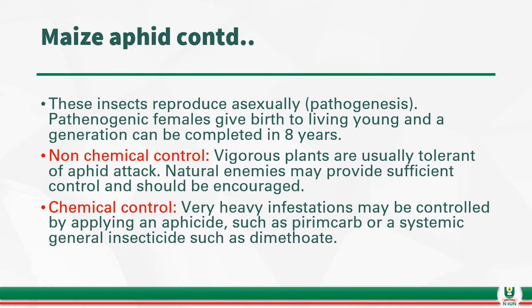But another way to control them without chemicals is the use of natural enemies, bringing in other insects that can feed on this aphid. And the chemical control is by applying a pesticide such as carbaryl, or a synthetic insecticide such as dimethoate. So that is the way you can do it.